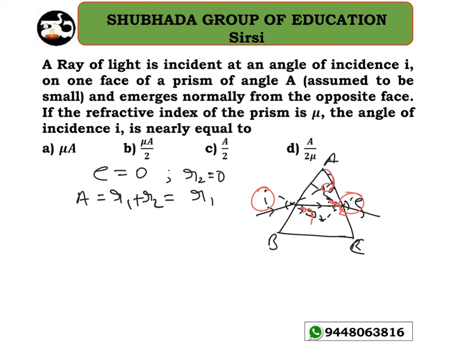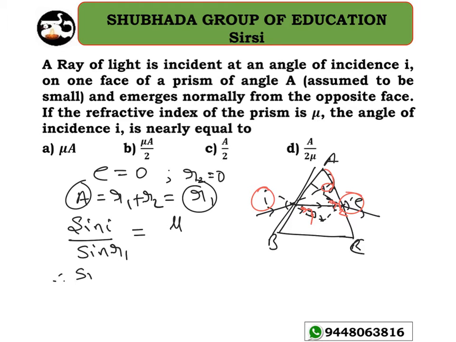Okay, let me use Snell's law here for the first face: the sine of the angle of incidence to the sine of the angle of refraction at the first surface is equal to the refractive index mu, correct? So therefore r1 equal to A, right? r1 equal to A, so sine i equal to mu into sine r1.